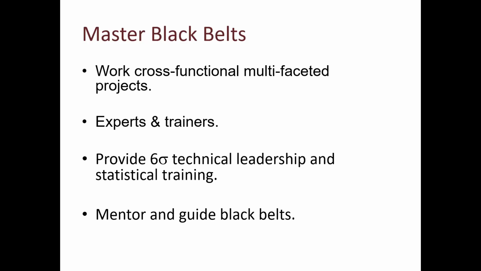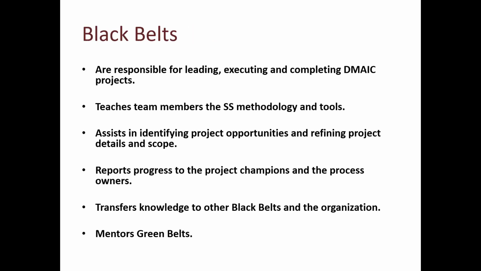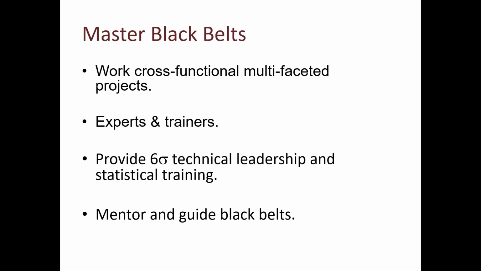In any organization, if we are adopting Six Sigma in a correct way, you need to have at least one black belt, but you don't have to have a master black belt. Some multinational companies have one master black belt, some have more than one, some have none, because it's a consulting role. They are experts and trainers.